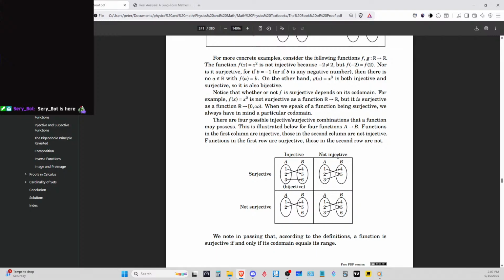This one is not injective maybe because there's not enough B's to go around for every A here. And this one's not surjective, and it's not injective. So it's injective here.